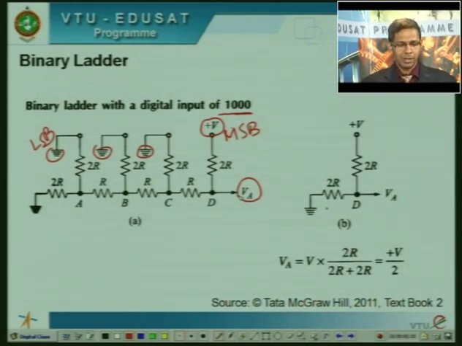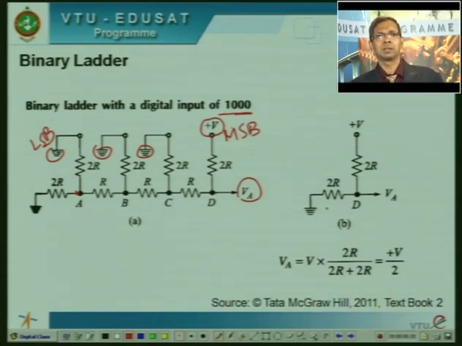Let us start from this particular node called A. At node A, I have a resistance of 2R and another resistance of 2R in parallel with it. What is the equivalent of parallel resistance? If you connect 2 resistances in parallel and they are equal, then the overall resistance will be half of that.